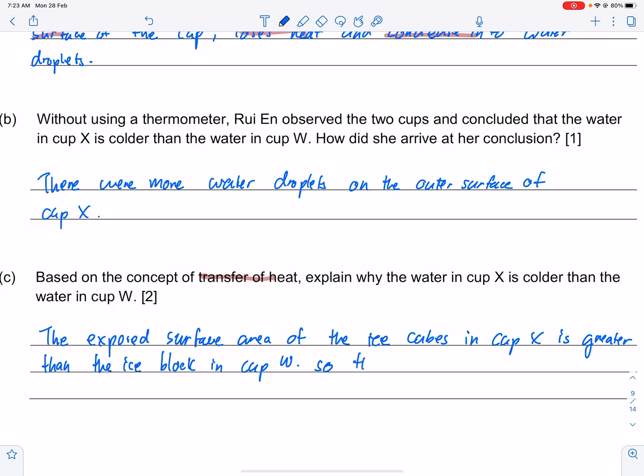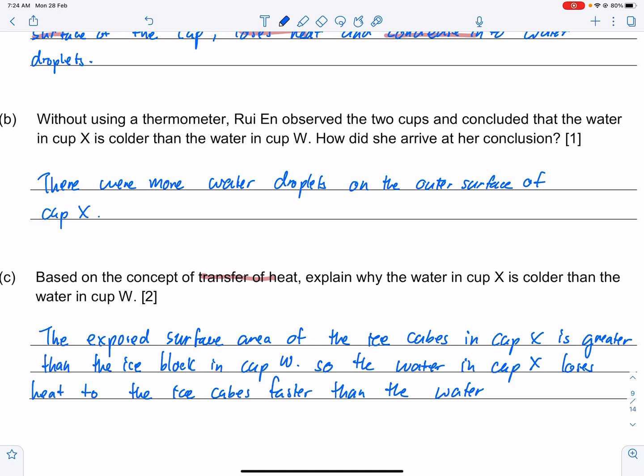So the water in cup X loses heat to the ice cubes faster than the water in cup W.